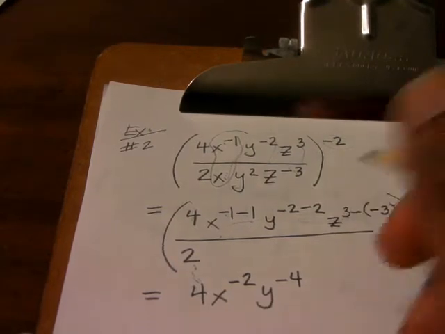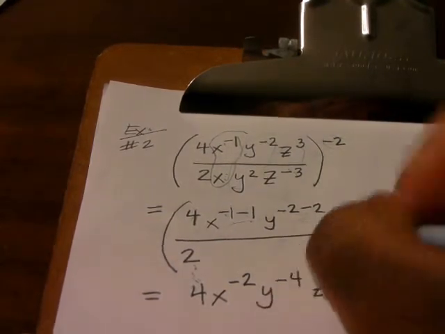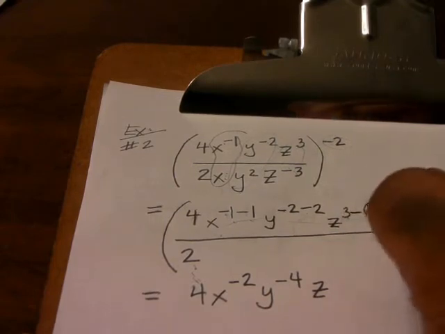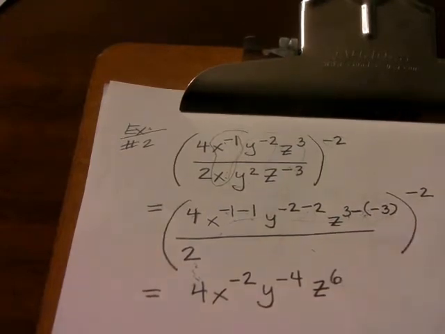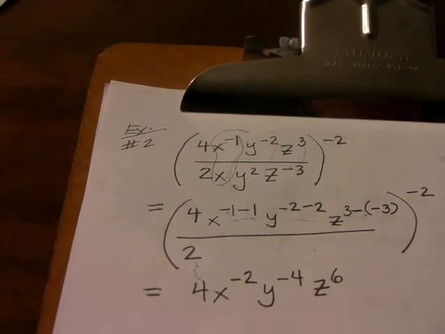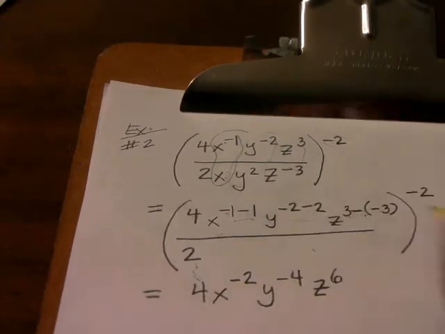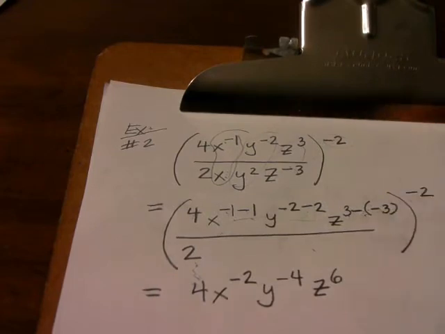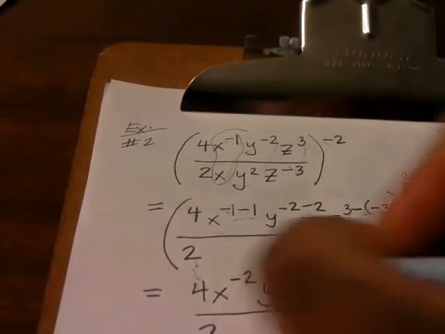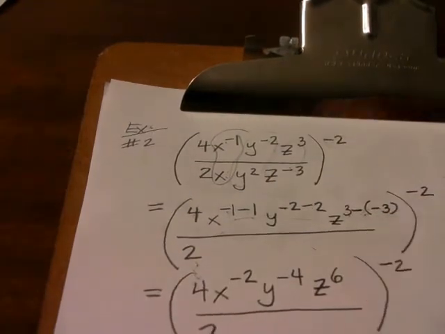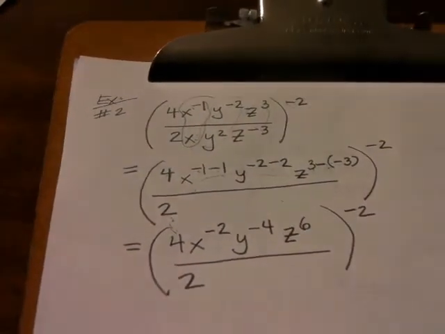So it actually becomes Z, 3 plus 3, a positive 3, because this becomes positive, which is 6. Notice I skipped the other step because you understand how to do it as far as just writing the problem, because you can do this in your head right now. All right, over 2 raised to the power of -2.